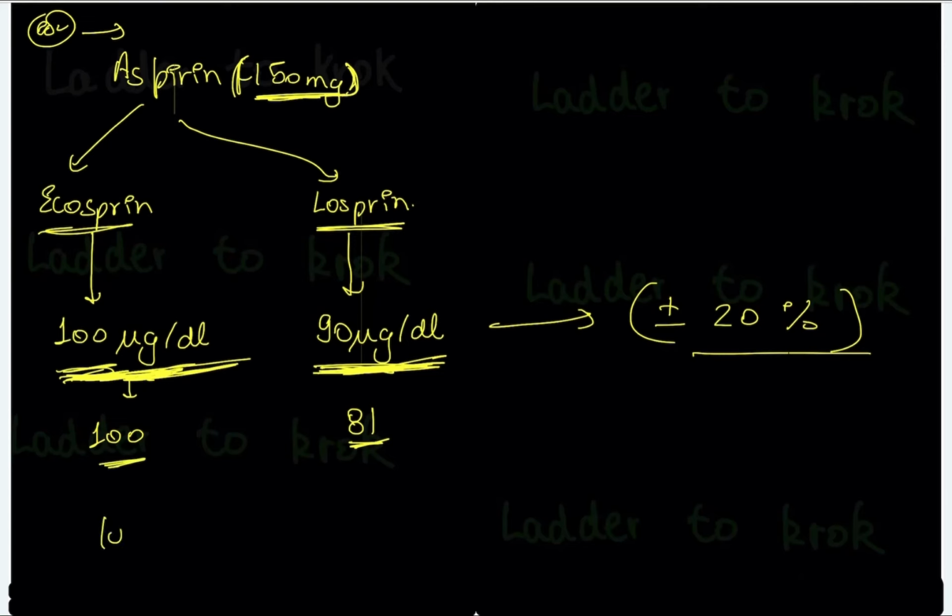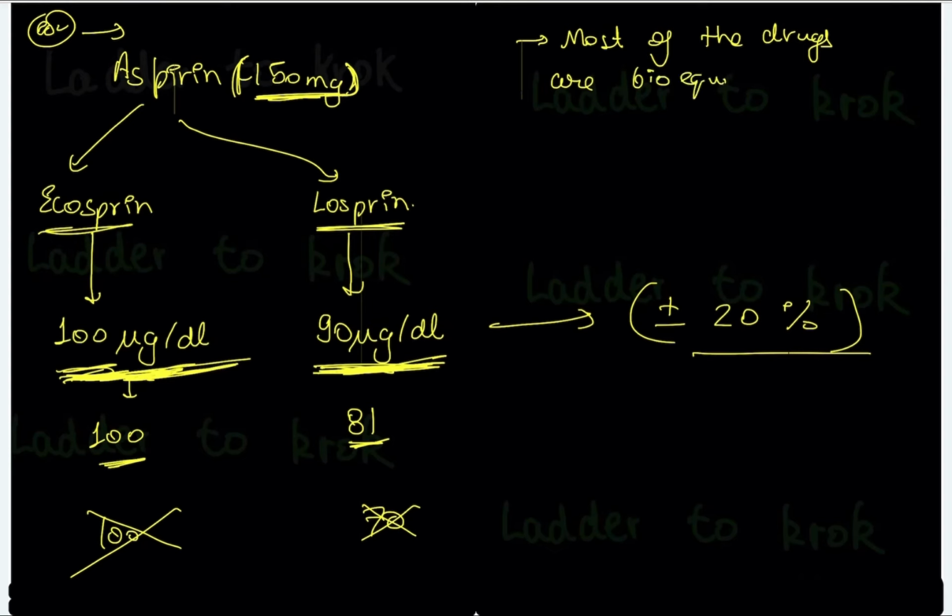But if it is 100 and 70, then these drugs are not bioequivalent. Always remember one point: most of the drugs are bioequivalent except phenytoin. In this, you cannot even change the brand. If a patient is stable at a certain dose of phenytoin of a certain company, you are not allowed to change it.